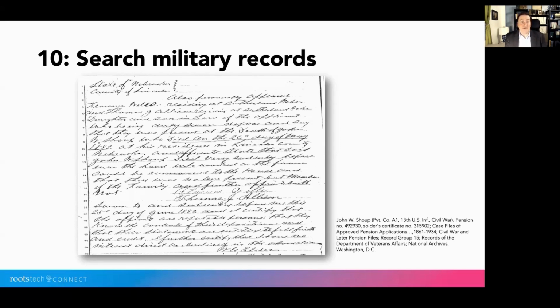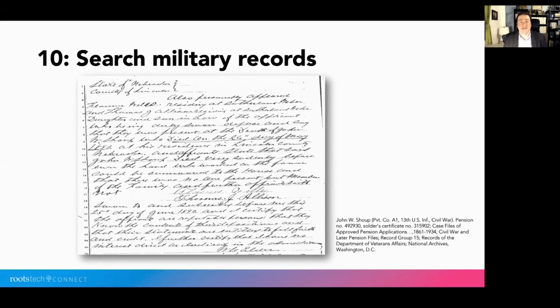And so this affidavit is actually signed by John's daughter and his son-in-law and gives information that talks about the circumstances when he passed away. That is as close to a death certificate as I'm going to find in this particular instance. But it gives me the place, it gives me the time, it gives me the date, and it gives me the circumstances. That's the type of information that I need to verify that particular part of his life.